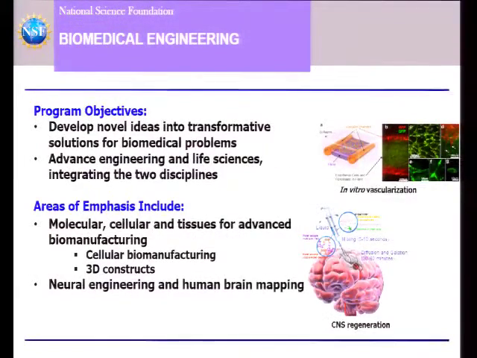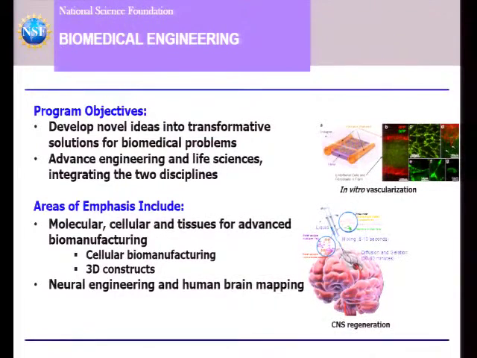The Biomedical Engineering program has as areas of emphasis molecular, cellular, and tissue approaches for advanced biomanufacturing. And here we're interested both in the biomanufacturing of cells as therapeutic agents themselves. These can be immune cells or stem cells or others.